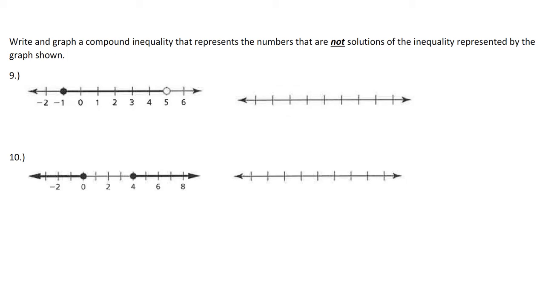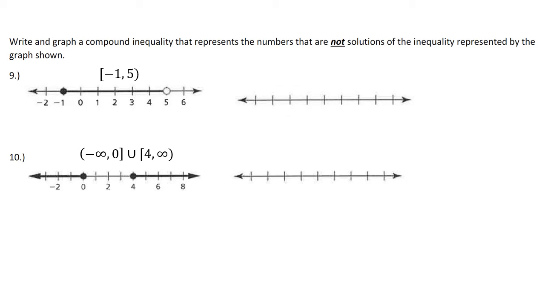Our goal in numbers 9 and 10 is to write the inequality and graph the inequality over on the right, but I thought it might be better if we first wrote the inequalities associated with 9 and 10. For number 9, -1 and 5 are our endpoints, but -1 is part of the solution and 5 is not.